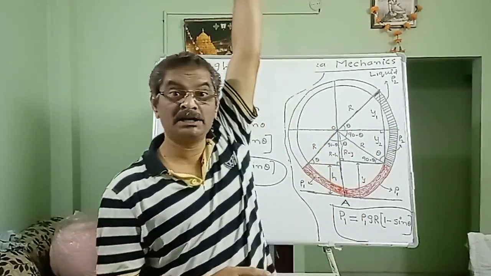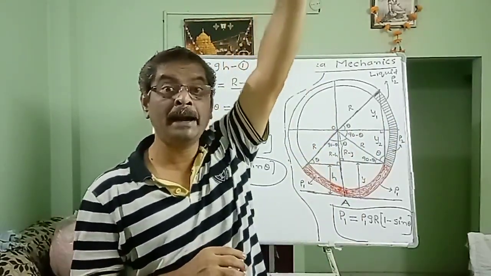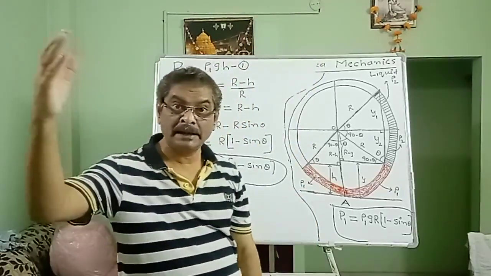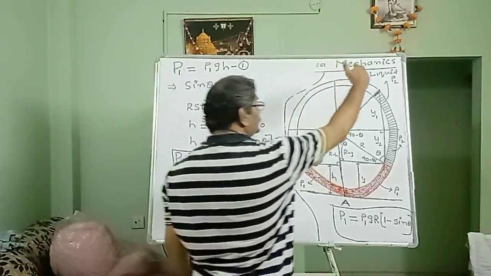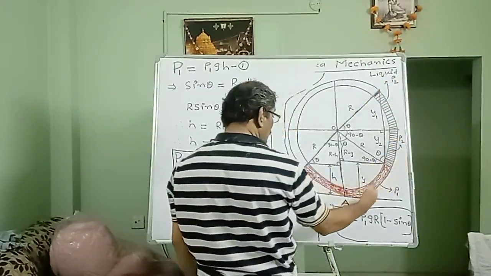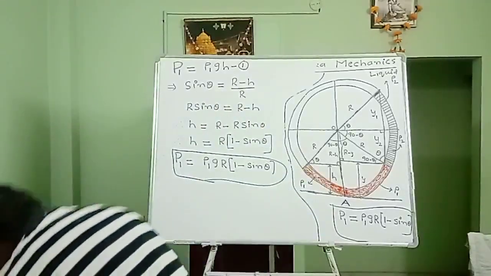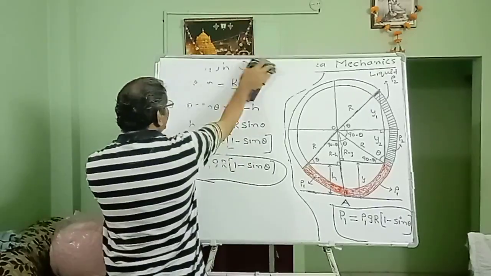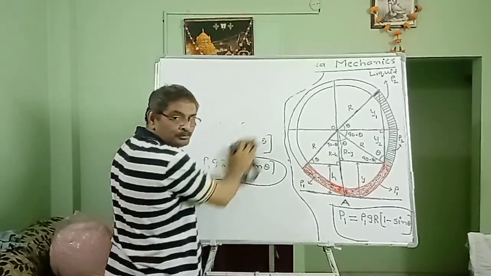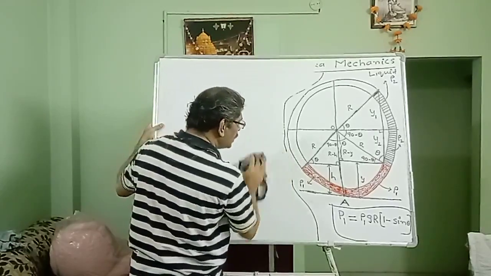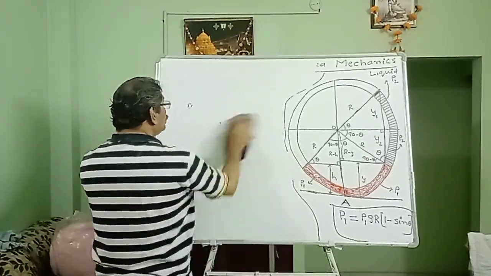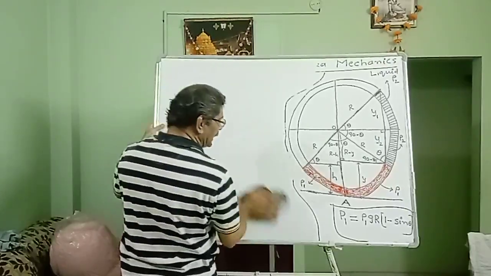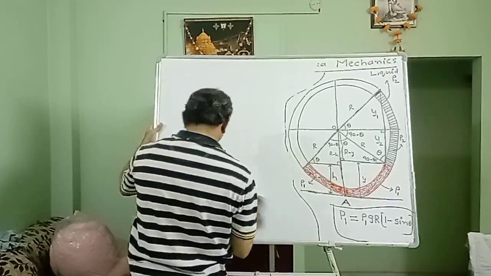So now let us see how to obtain the total pressure that will be exerted by the right liquid column at the point A. Let us see how we can obtain the value of P2.